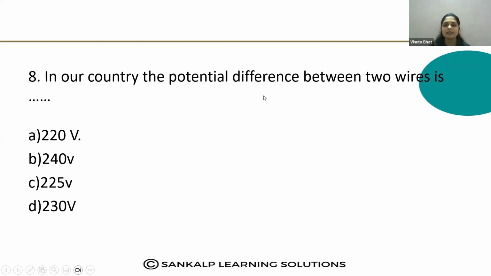Next, in our country, the potential difference between two wires is: option A, 220 volt; option B, 240 volt; option C, 225 volt; option D, 230 volt. In our country, the potential difference between the two wires is 220 volt.